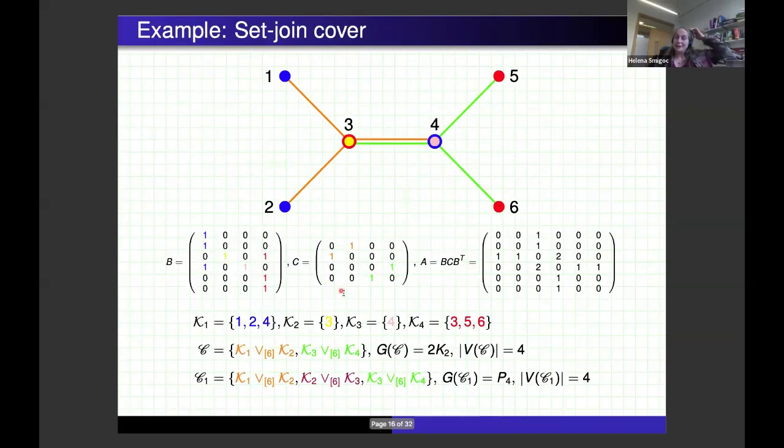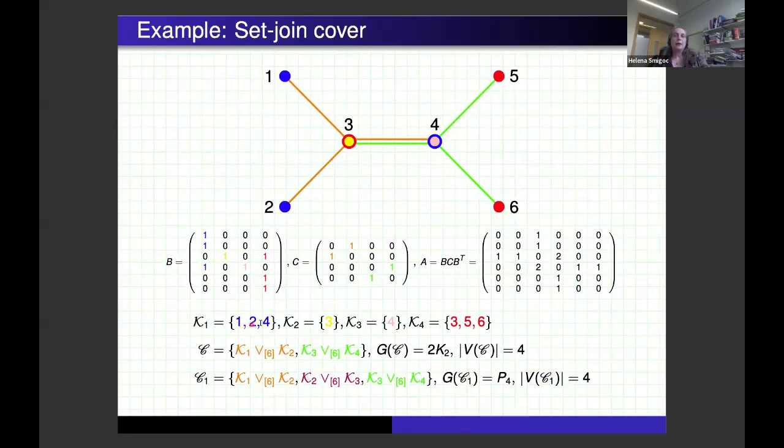I have introduced quite a few definitions. So here I have a very baby example to get those definitions illustrated on a small example. So here we have a graph that is covered by, in the picture, I'm trying to illustrate two set joins. And in this case, they're just stars.